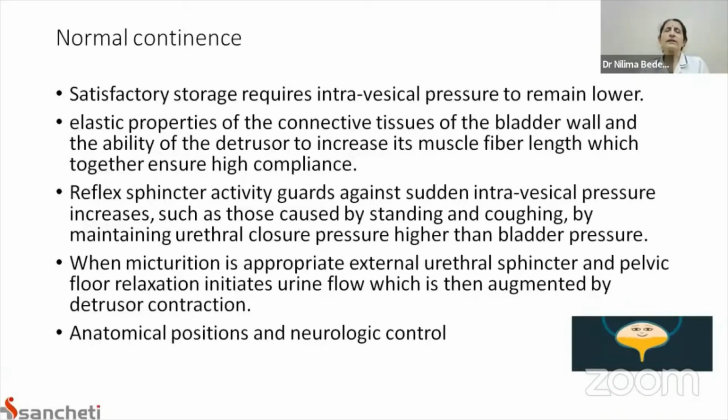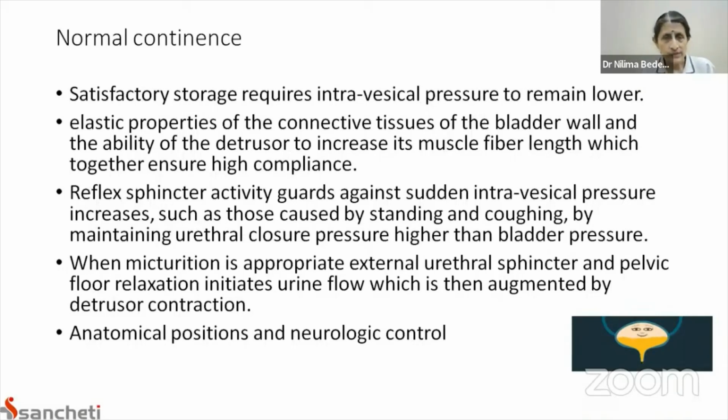We should have the elastic properties of the connective tissues of the bladder wall, and the ability of the detrusor to increase its muscle fiber length so that adequate compliance is present. The reflex sphincter activity guards against sudden intravesical pressure increases, such as sudden standing, coughing, lifting, shifting weights. So it always maintains the urethral closure pressure higher than the bladder pressure.